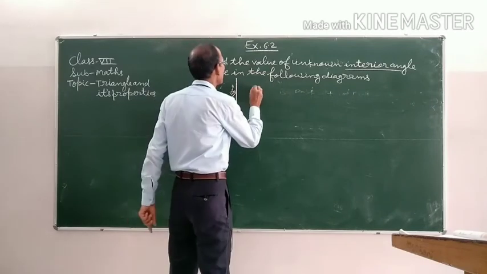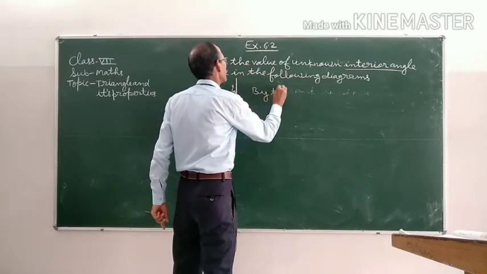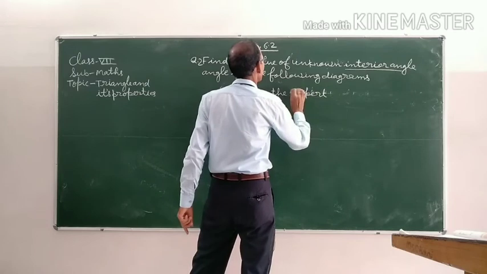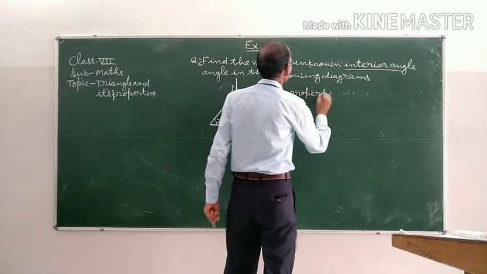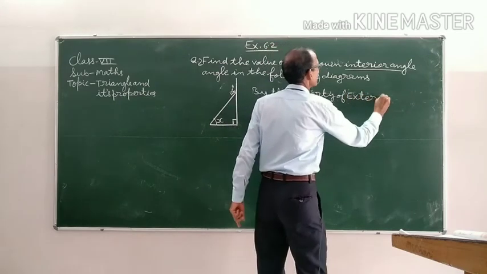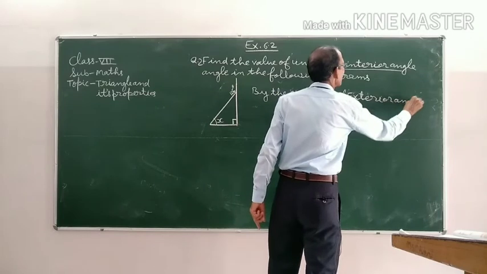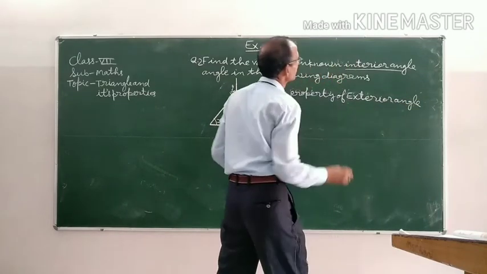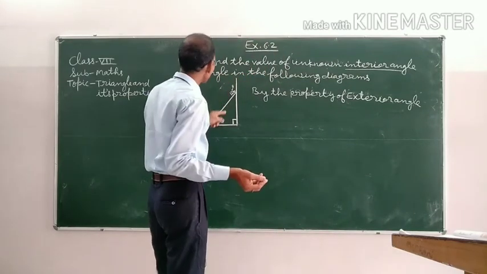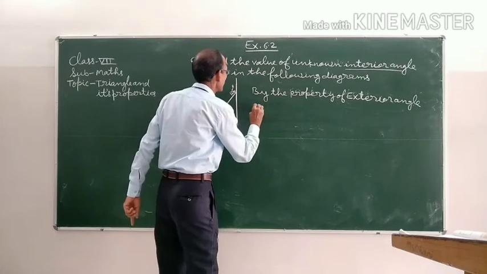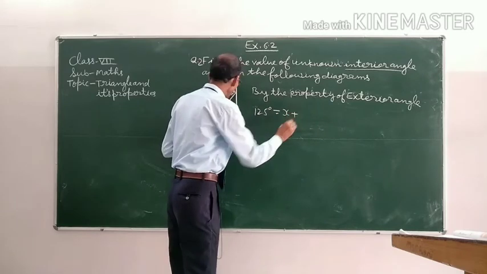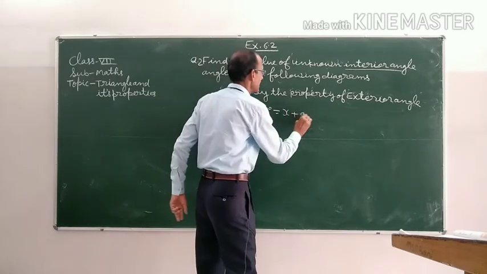So by the property of exterior angle, this exterior angle equals the sum of interior opposite angles, means 125 degree is equal to the sum of x plus, this is 90 degree, x plus 90.